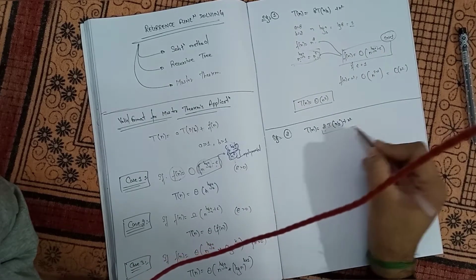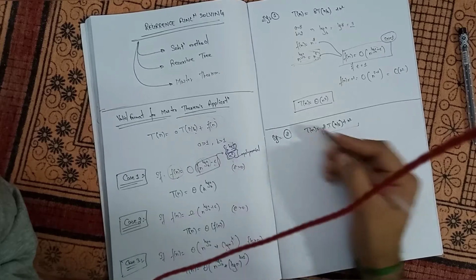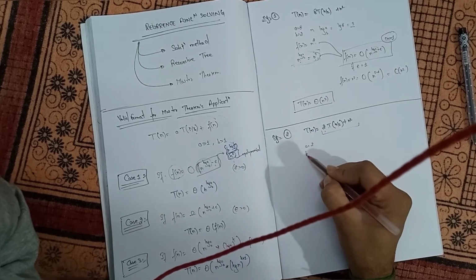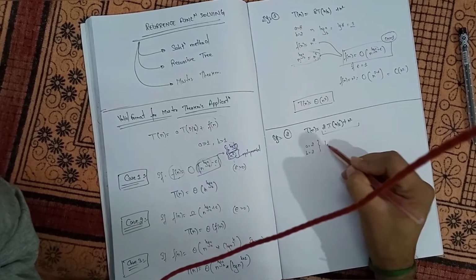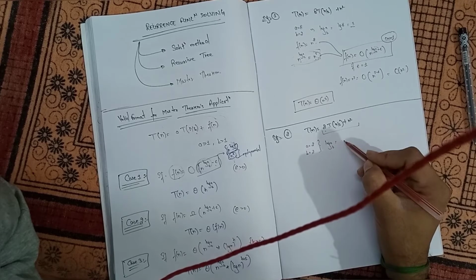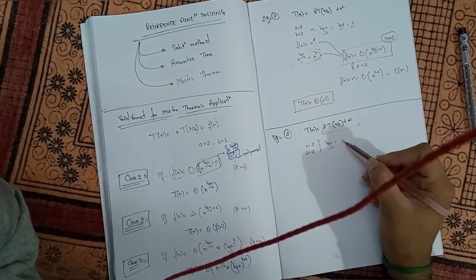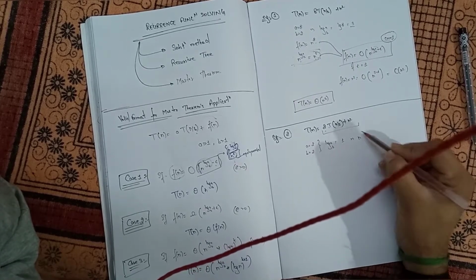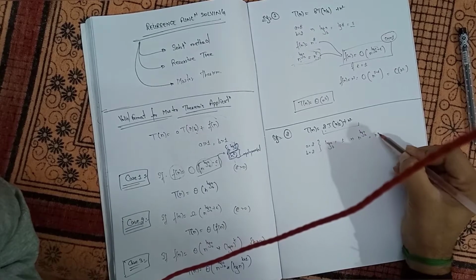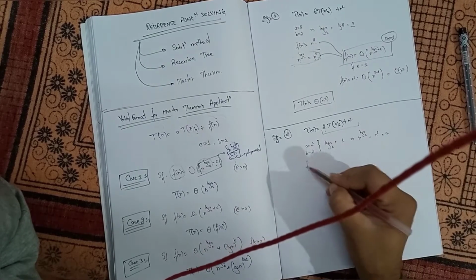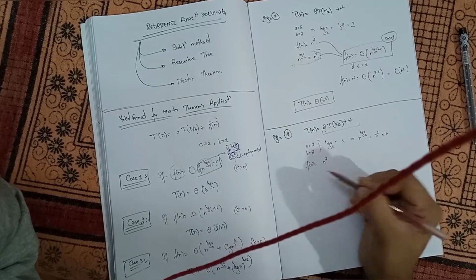So this is also satisfying this format. A happens to be 2, b happens to be 2. This implies log a base b will be 1. Log 2 base 2 is 1. This implies n power log a base b will be n power 1, which is n. And f of n is given to be n square.